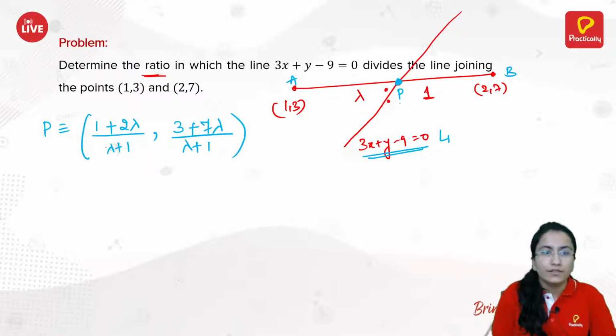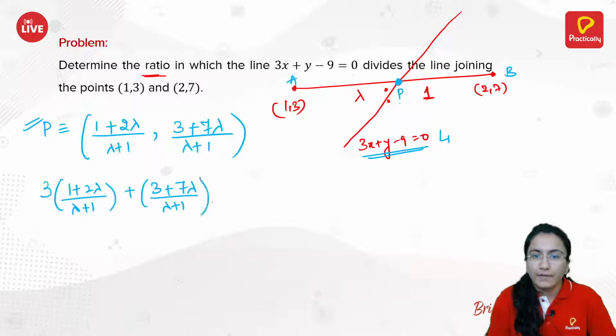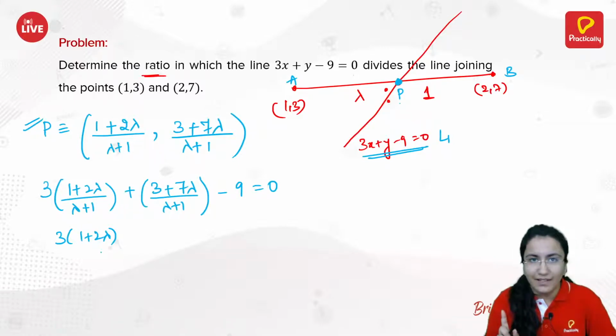So this point will satisfy the equation L1, right? Just put the points in so as to calculate the value of lambda. 3 into (1 plus 2 lambda) divided by (lambda plus 1), plus (3 plus 7 lambda) over (lambda plus 1), minus 9 equals 0, right? So this would be 3(1 plus 2 lambda); multiply the complete equation by (1 plus lambda), okay?